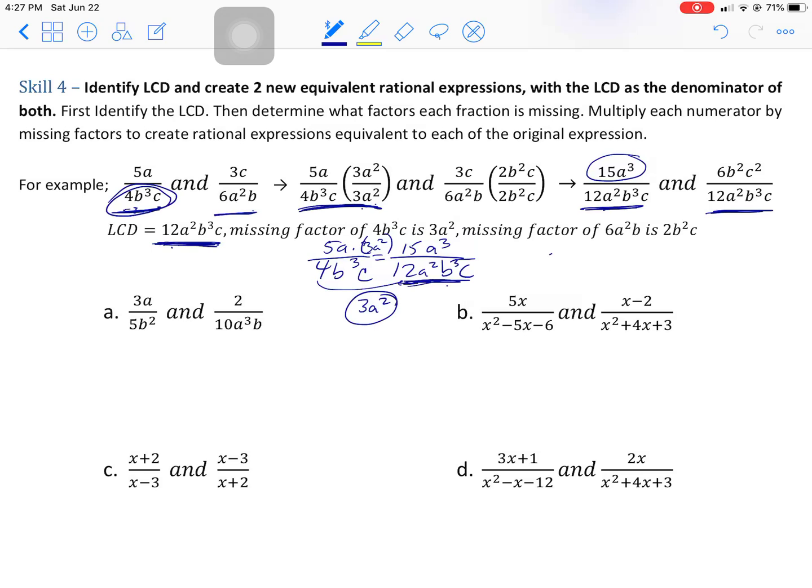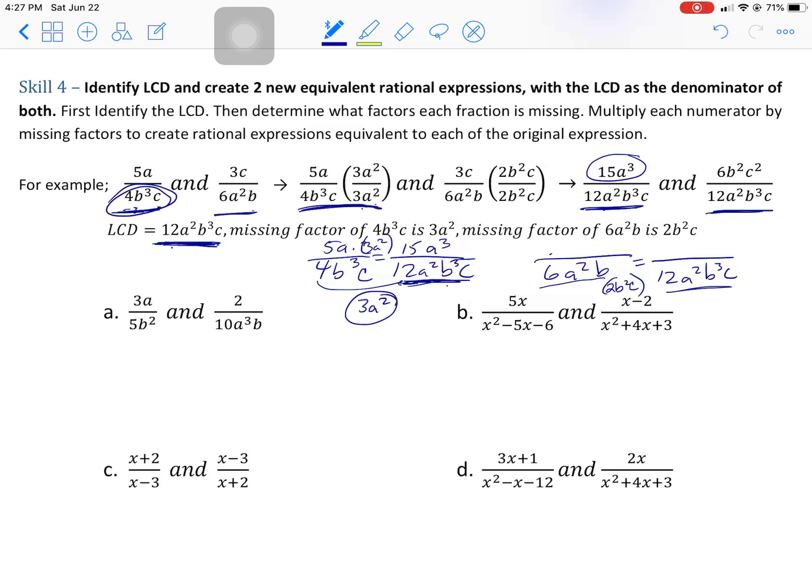If you want 6a^2b to turn into the denominator 12a^2b^3c, what did it get multiplied by? Well, to get 6 to 12, that was a 2, right? a squared, that's the same, so no extra a's. But I upped my b's by 2, and it must have been a c involved. So that's the factor that got multiplied by this denominator to get the new denominator.